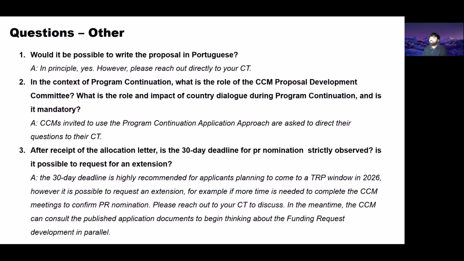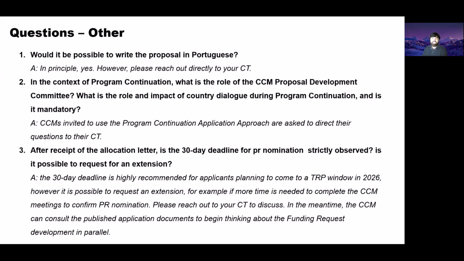And then we get to the next question, which is, after receipt of the allocation letter, is the 30-day deadline for PR nomination strictly observed? Is it possible to request an extension? So from our side, this 30-day deadline is really highly recommended, especially for applicants that want to come for our TRP window in 2026. However, it is possible to request an extension. For example, if more time is needed to complete the CCM meetings to confirm the PR nomination, then we want to ensure that the CCMs have time to do so.